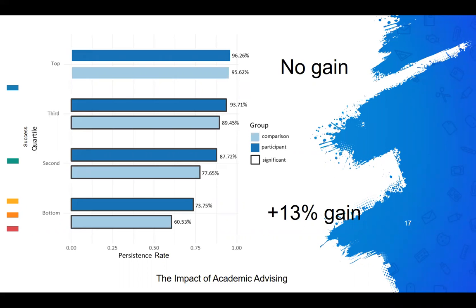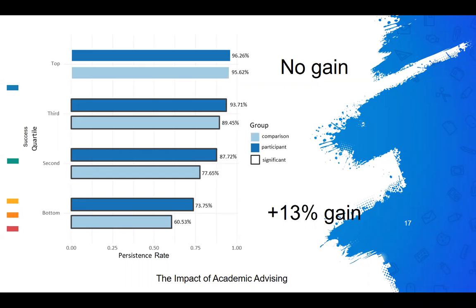They're very similar in their academic likelihood of achieving certain outcomes, and we have proof to show that our predictions are very accurate, but they're also very similar in the likelihood to participate in advising. And in the semesters in question, they just didn't happen to participate in advising.